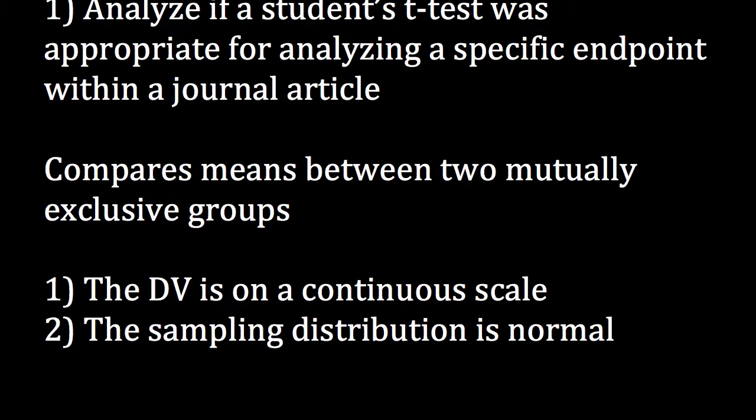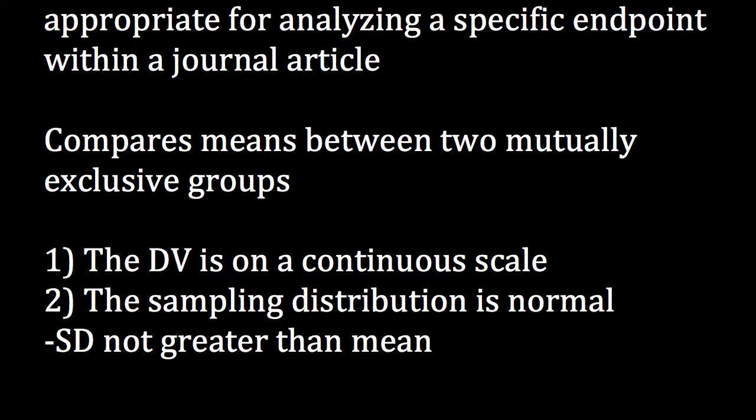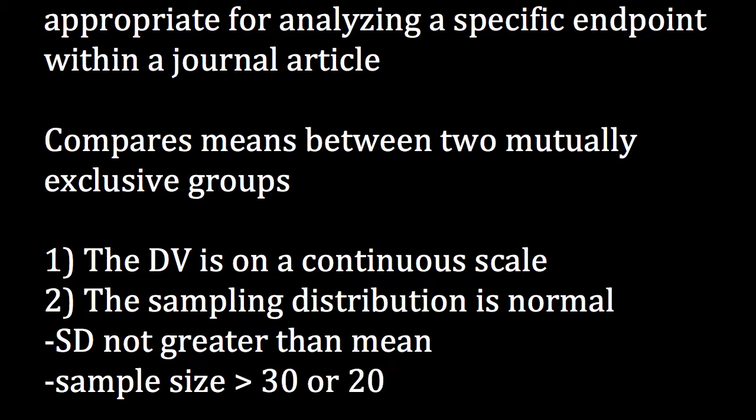Remember from one of our previous videos that standard deviation should not be greater than the mean. And also to meet the central limit theorem, which means sample size needs to be greater than 30 or 20 degrees of freedom. And we'll abbreviate degrees of freedom df.